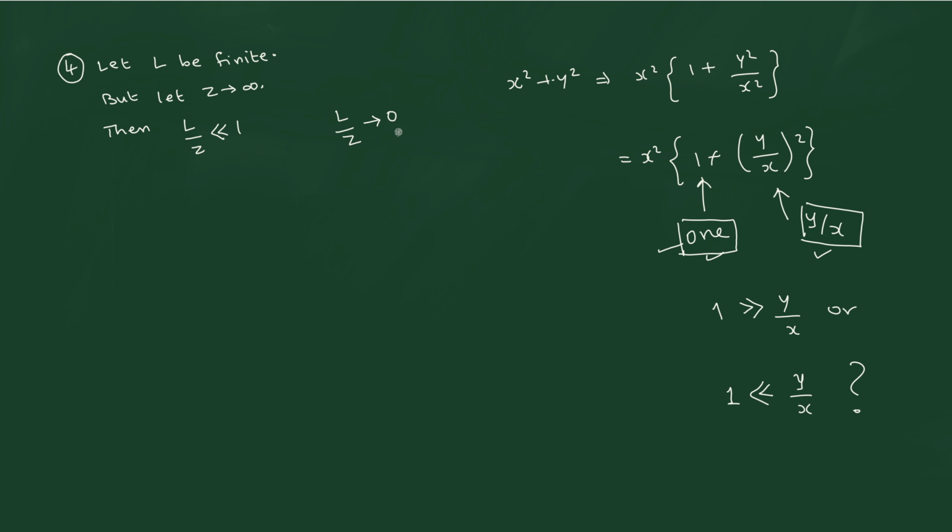So therefore, even though L by Z tends to 0 is correct, L by Z much less than 1 is a better comparison for our equation. So now what you do is use this in our equation number 1, because equation number 1 is valid for finite Z and a finite length. So therefore, now you substitute that.